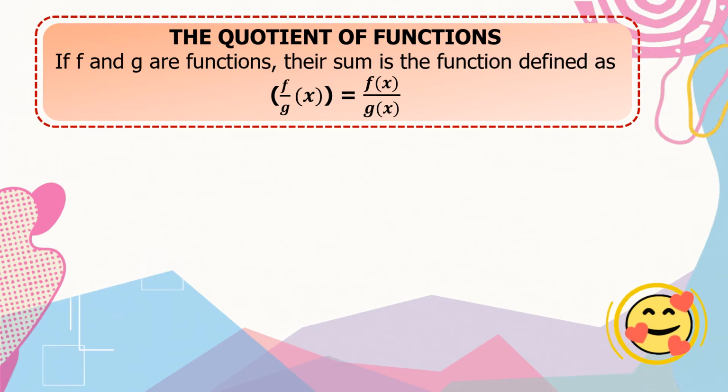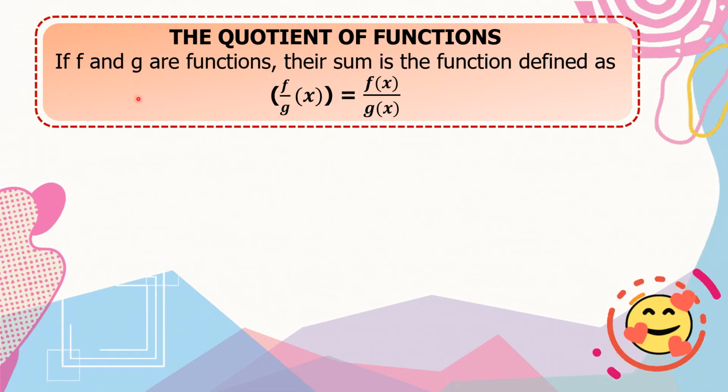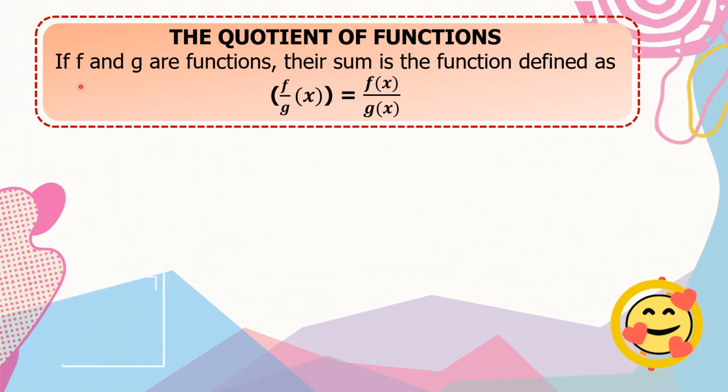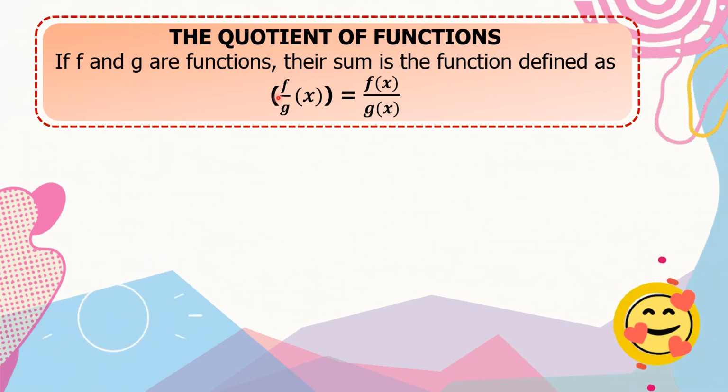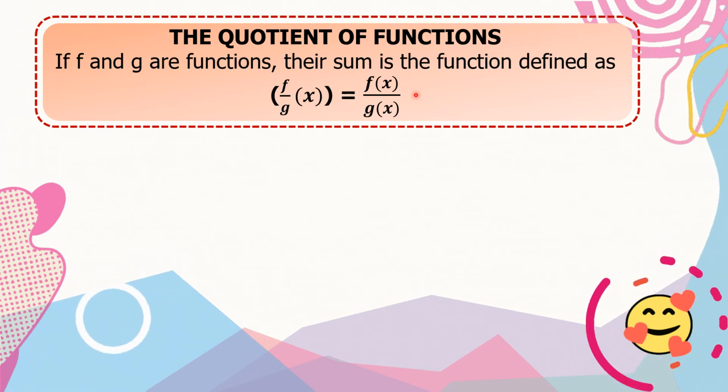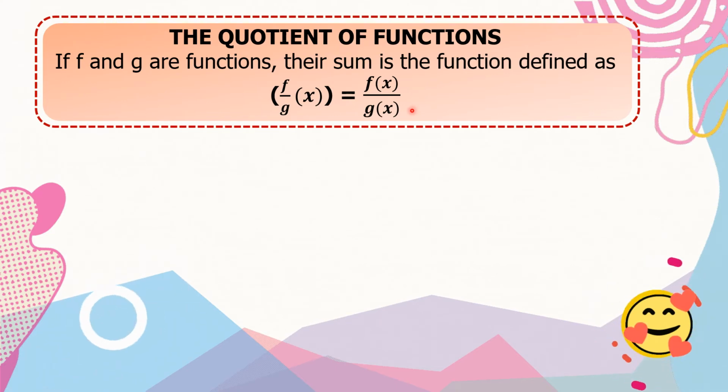Paano naman natin kukunin ang quotient of functions? So, by the definition, sabi dito, if f and g are functions, their quotient is the function defined as f over g of x is equal to f of x over or divided by g of x.